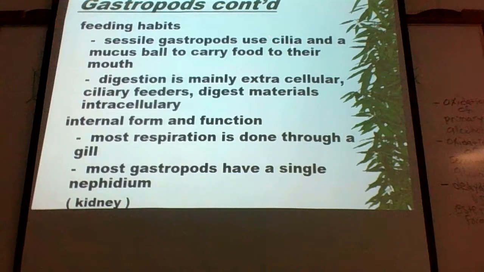But with this, where do we see cilia in the human body? The most common place is in your throat, your pharynx. You have little tiny cilia in your pharynx that will become agitated and cause you to cough, because they're sensitive to whatever is trying to get down into the lungs.